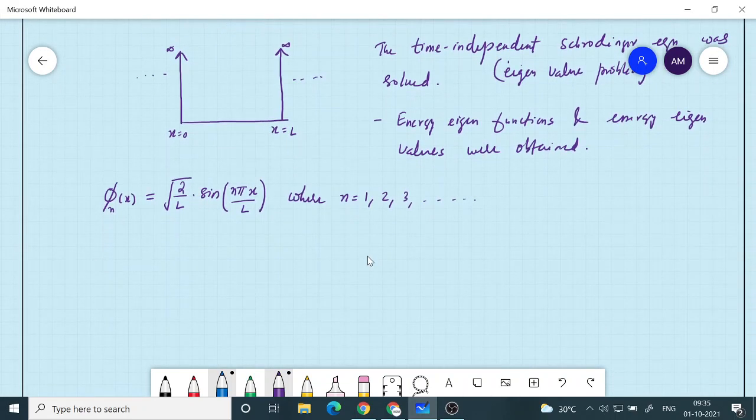In fact, n pi by L is basically k. So if I just go back to the solution again, we had phi of x of the form A sine of square root of 2mE by h cut, times x.